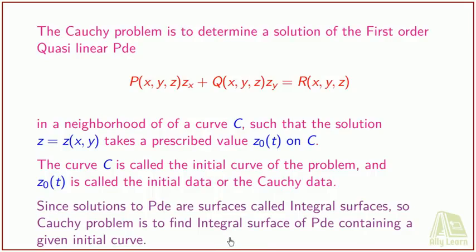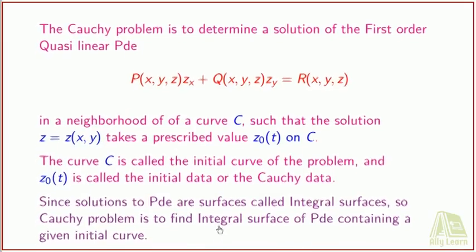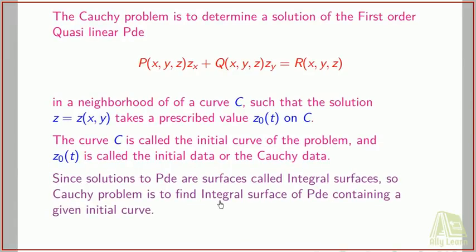So friends, now just focus on this last line: the Cauchy problem is to find an integral surface of the PDE containing a given initial curve. Just try to recall, friends, that solutions, in particular the general solution of a first order quasi-linear PDE, contain an arbitrary function, and for every such function we get a solution surface.